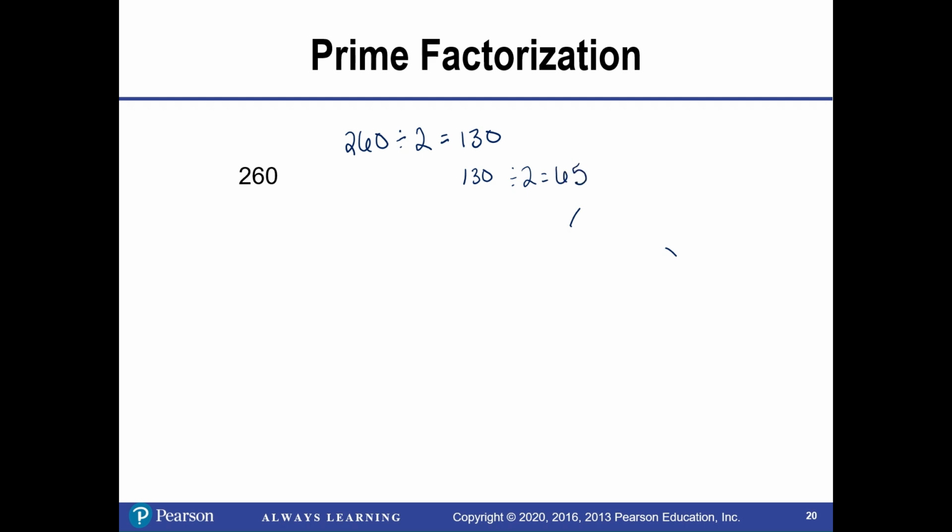All right, so now I ask, okay, well, what's the smallest prime number that's going to divide 65? 2 does not divide 65 because 5 is odd. 3 does not divide 65 because 6 plus 5 is 11. 11 is not divisible by 3. 5 should divide 65 because 65 ends in a 5 or 0. And 65 divided by 5 will result in 13. And 13 itself is prime.